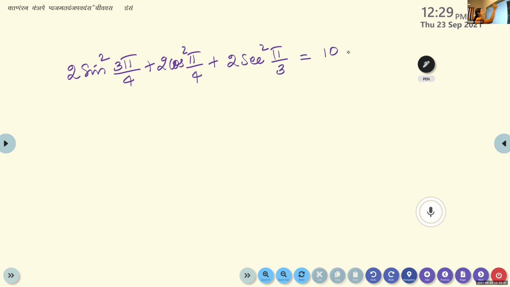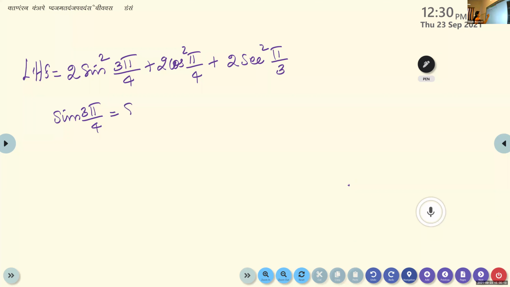Prove that this is equivalent to 10. So you can start from LHS. You have to substitute the values. What is sine of 3 pi by 4? If you don't know the values, first you can find it and then substitute.